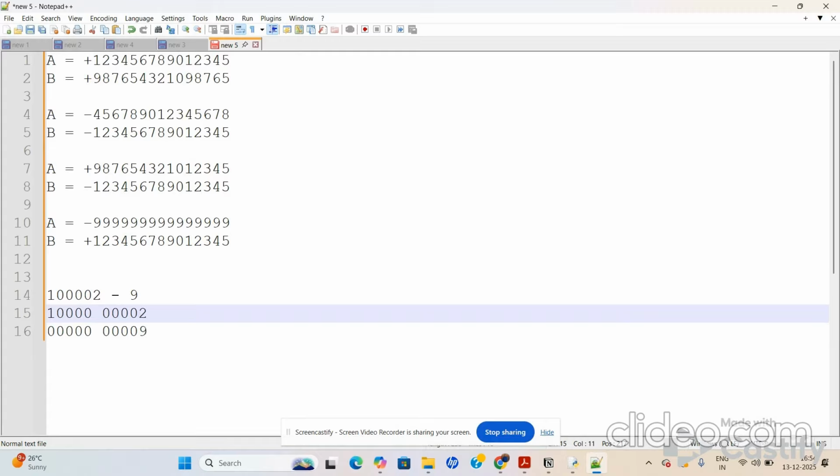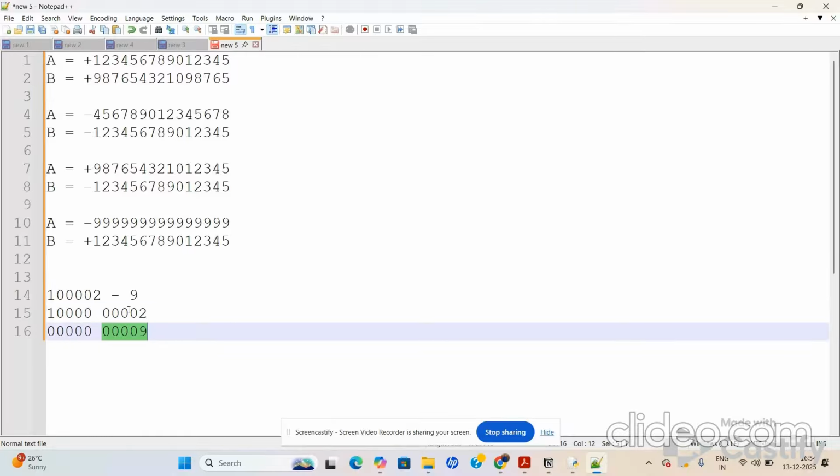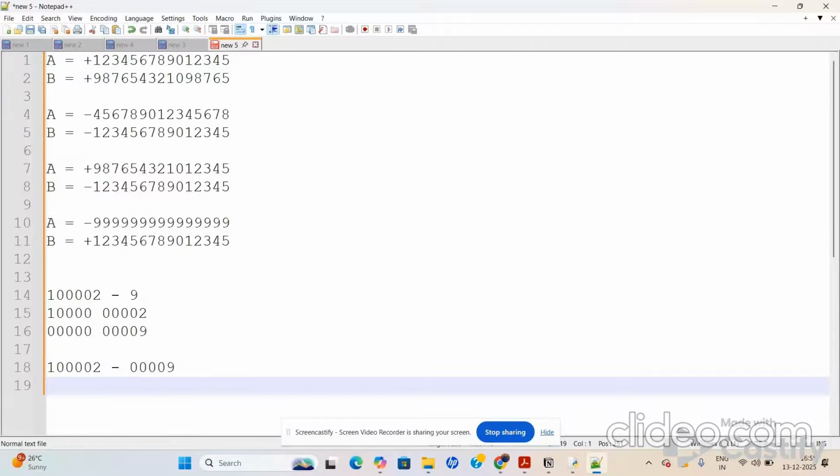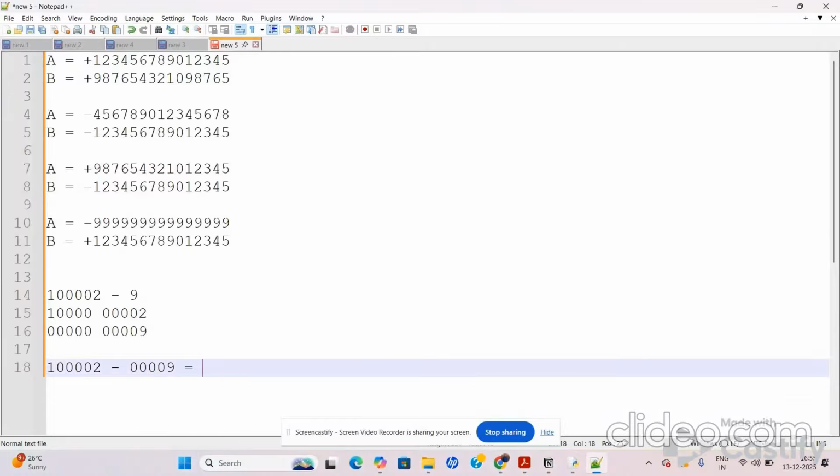So subtracting the least significant digits, right? Subtracting 9 from 2, you get it's negative. So what you do is you borrow 1 from like 10 to the power 5. So what it becomes is something like this: 1 0 0 0 2 minus 0 0 0 9. Okay, so what it results in is 99993.